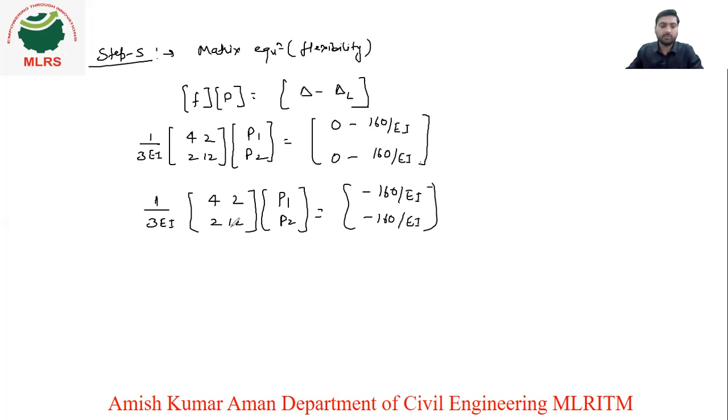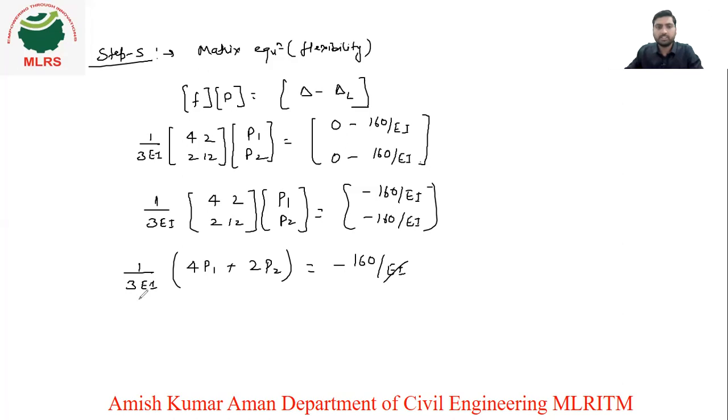Now equate it. If you equate, you will get the equations, right? The first equation: 1 upon 3 EI into 4P1 plus 2P2 is equal to minus 160 upon EI.